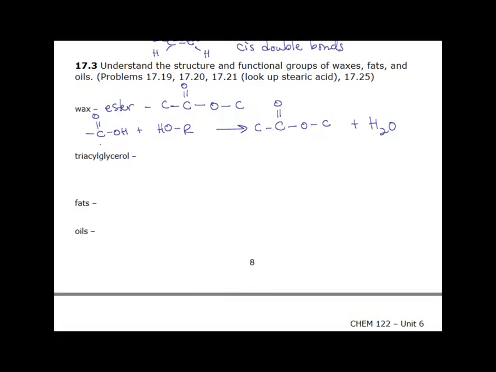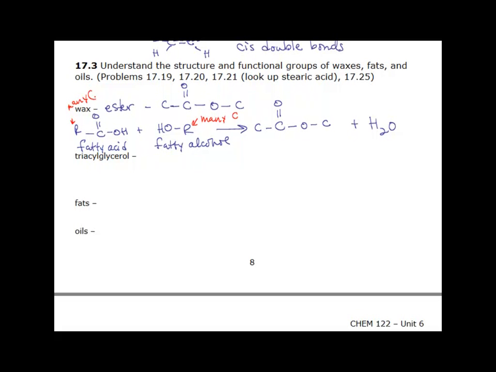The carboxylic acid that's used for a wax is a fatty acid. So a lot of carbons. And the alcohol that's used is a fatty alcohol. Again, a ton of carbons. I use that abbreviation R to stand for carbons. You can see it sometimes in your book, but it's used a lot in organic chemistry, so this is many carbons.